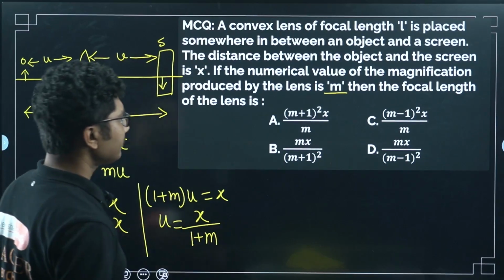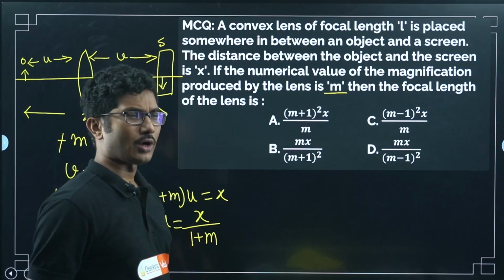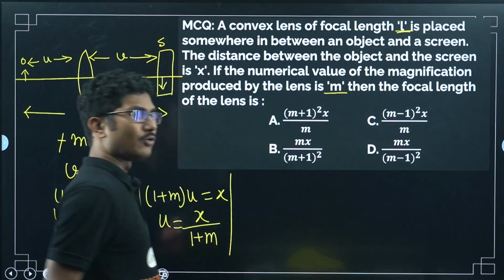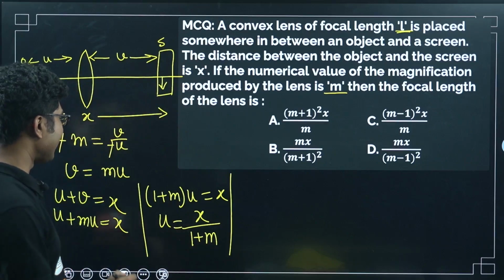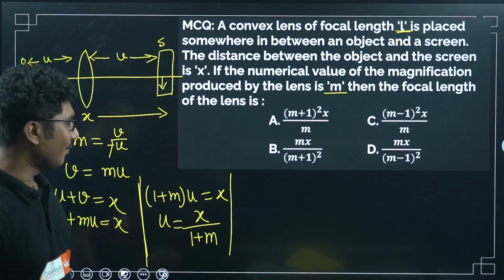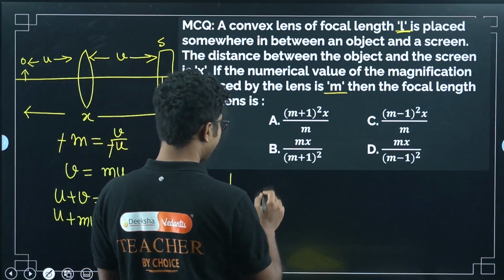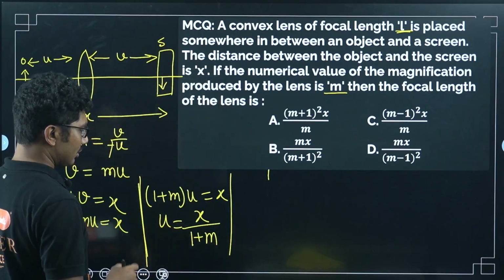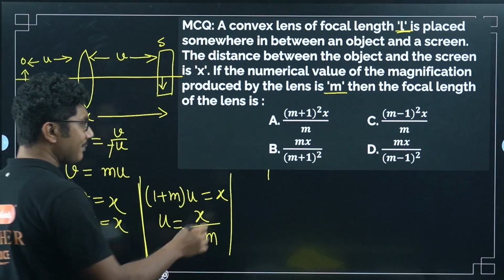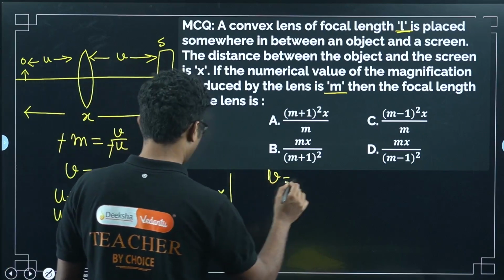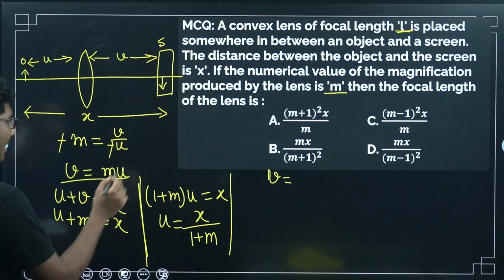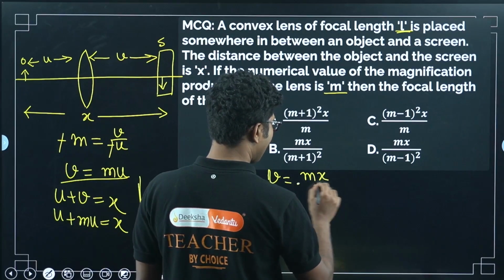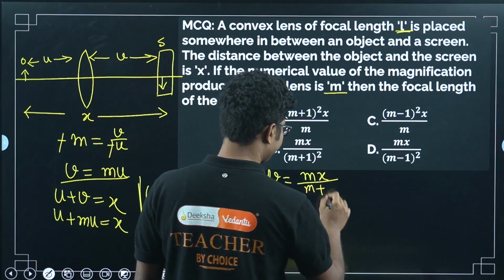Now they have asked you to find the focal length. So even though they have given you some basic focal length, they have asked you to find that focal length. So what formula will we use? Now from this you can calculate the v also. So u is equal to x by 1 plus m. So v is mu, so v equals mx by m plus 1.